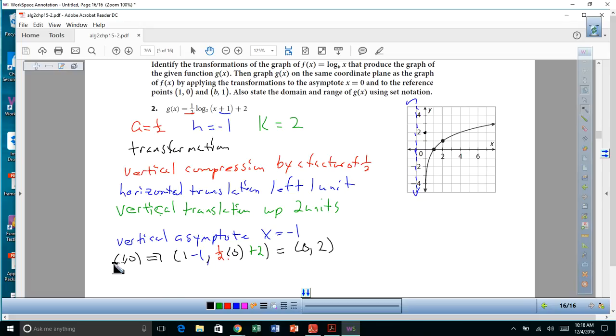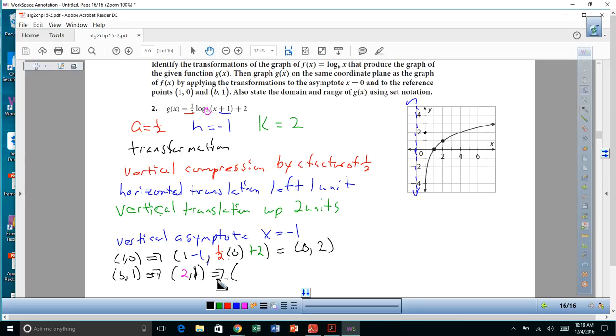And then the next point we had was B, 1, and let's see, B is right here. It's that 2 right there. Okay, so that's going to be 2, 1, and let's see.